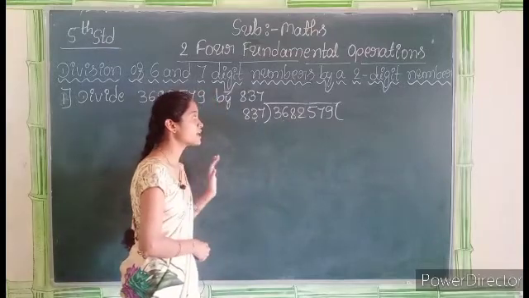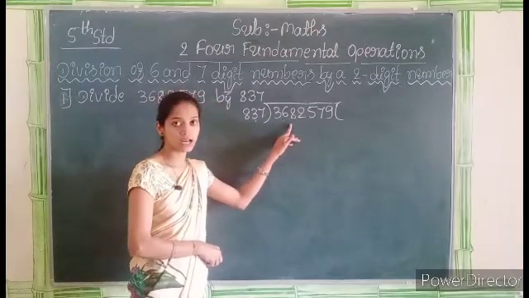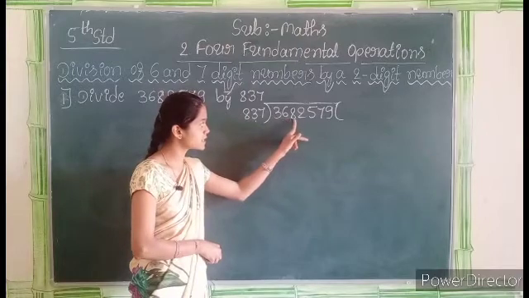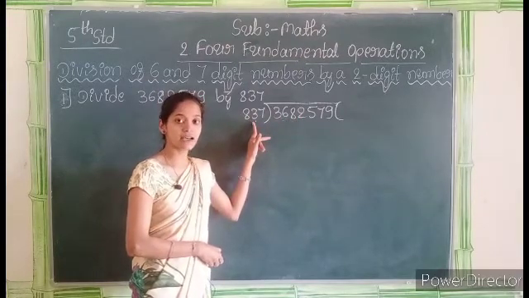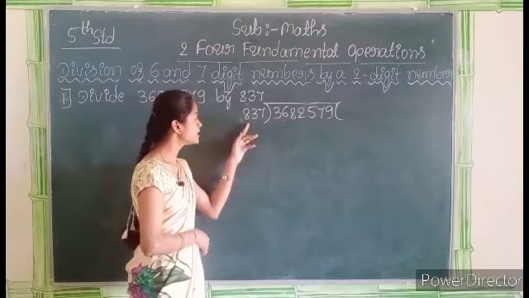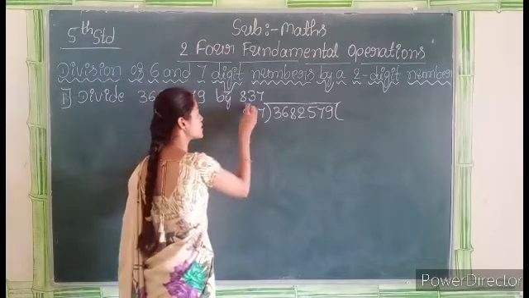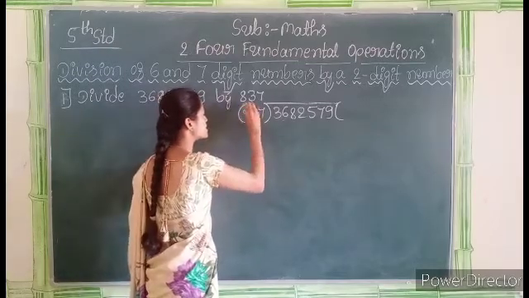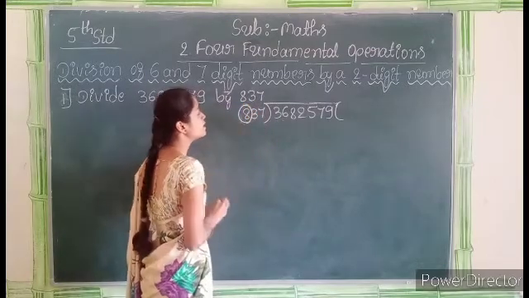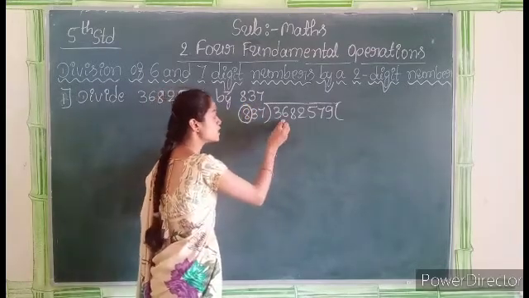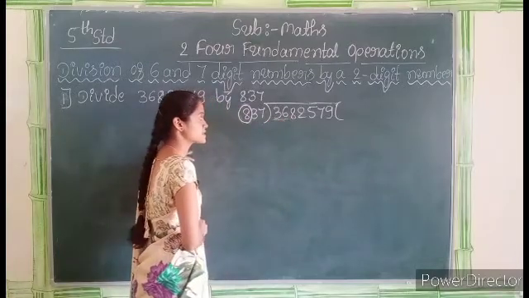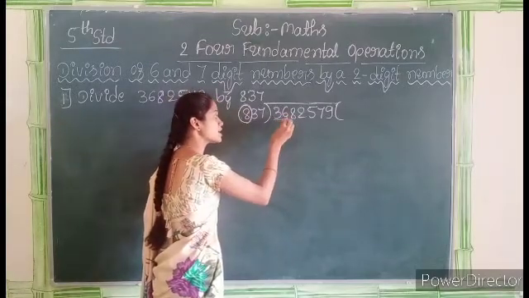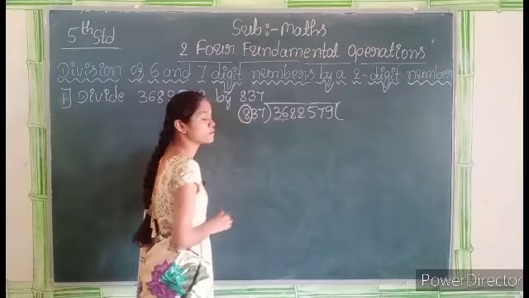Now we have to check which number is near or less than this 3682 in the table of 837. Let's find out. And here in the divisor we have to consider the first leftmost digit, that is 8. And here we have to consider the 2 leftmost digits of the dividend, that is 36. Which number is less than or near to 36 in the table of 8?